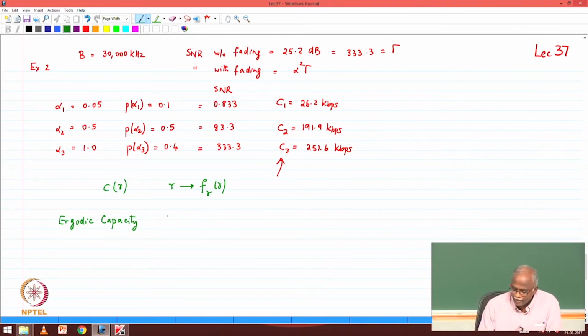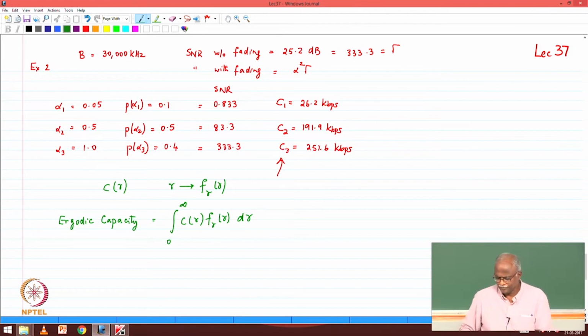So the ergodic capacity is defined as, over all possible SNRs, the capacity at that particular SNR, times the probability of that SNR, integrated over the range. So basically what we are saying is if a particular SNR is very highly probable, then the ergodic capacity is going to be very close to that number because that SNR is very likely.